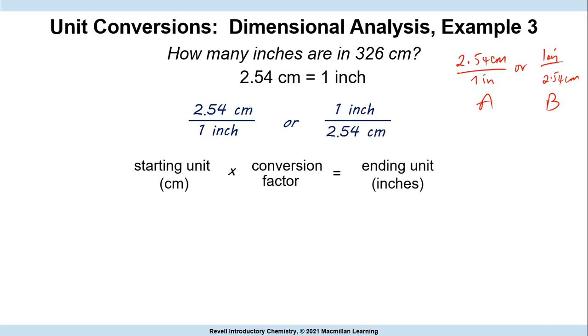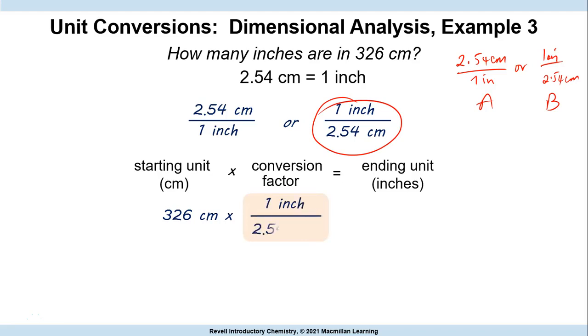We use this one because the centimeters is going to cancel out. So we have 326 centimeters times the conversion factor, 1 inch is equivalent to 2.54 centimeters. The centimeters are going to cancel out and the ending unit is going to be in inches. And what is that value? 128 inches. So that is how you do it.